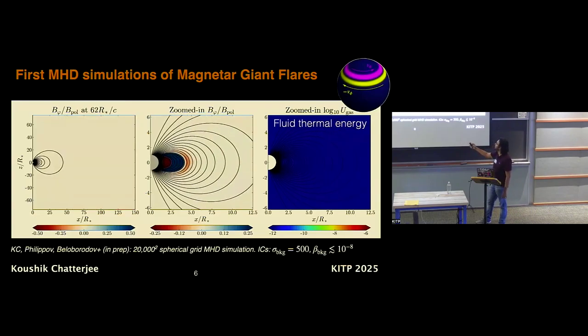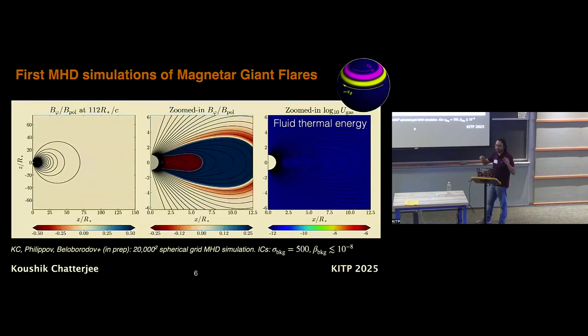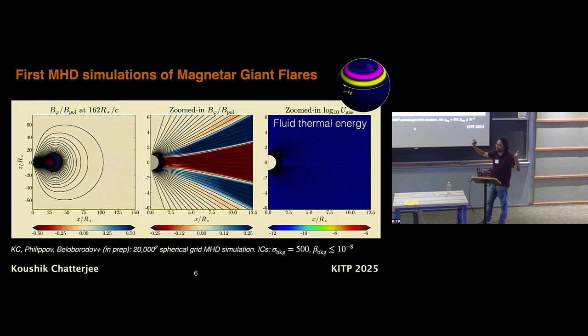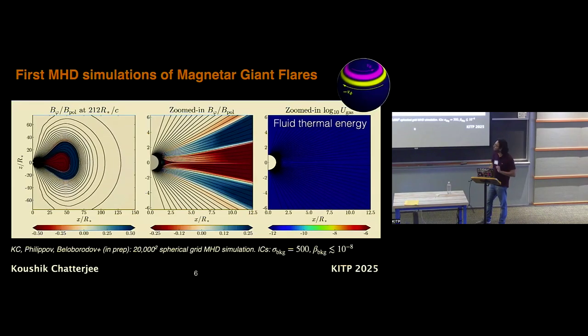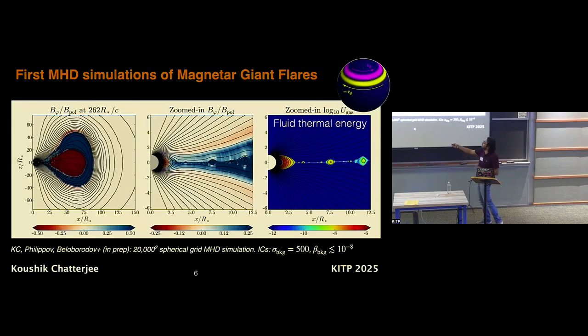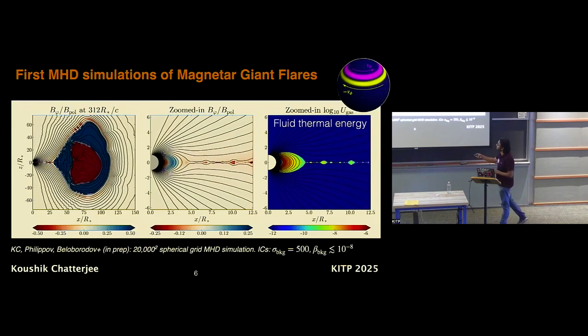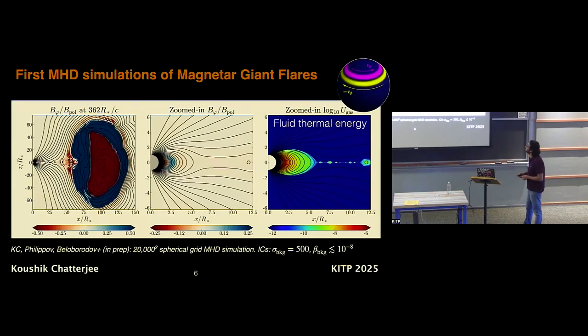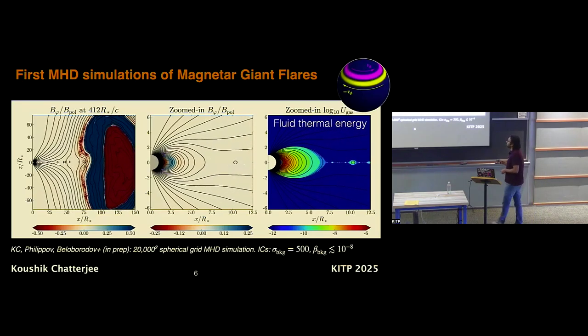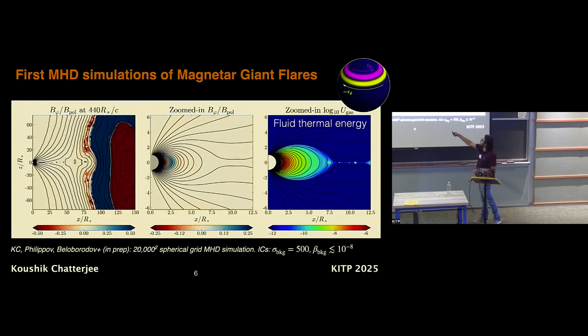On the larger scales, there's a huge bubble that's released, or ejecta that's released, filled with this azimuthally dominated field. At the end of the simulation, we still had some amount of azimuthally twisted field lines left in the inner magnetosphere, which I'll talk a bit about as well.